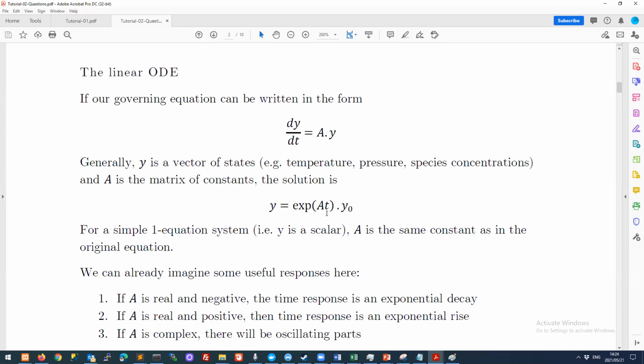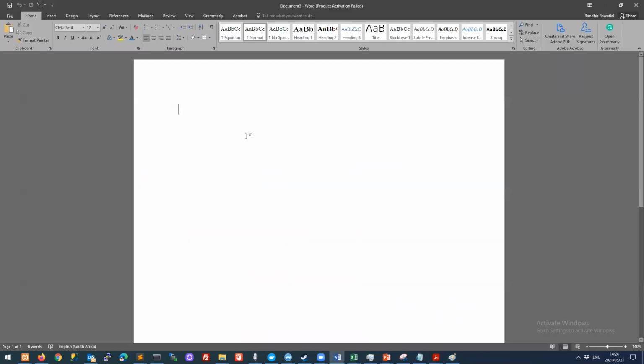The other possibility is that A could actually be a complex number. And if it's complex, let's just open up the document.